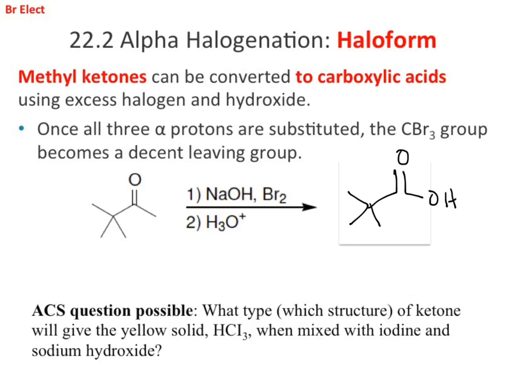They left. At the end of step 1, we don't really have an intermediate. Right before we form the acid, we form CBr3. Okay? That is a very special species. 3 bromines means we've pulled a lot of electron density away from the carbon.